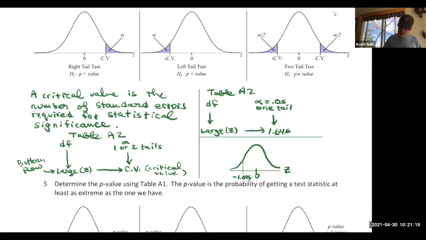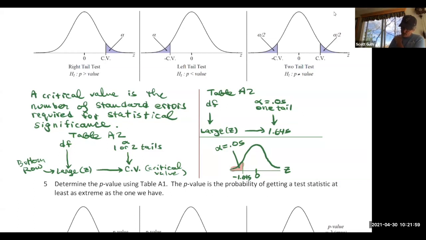Okay, and the probability of getting something that low or lower is 5%. So that's our alpha equals 0.05. So again, the probability of getting something that low or lower is 5%. That is the area of the tail that we looked up, the one tail that we looked at. So anything that goes less than negative 1.645 has a probability less than a 5% chance of happening and is therefore statistically significant.